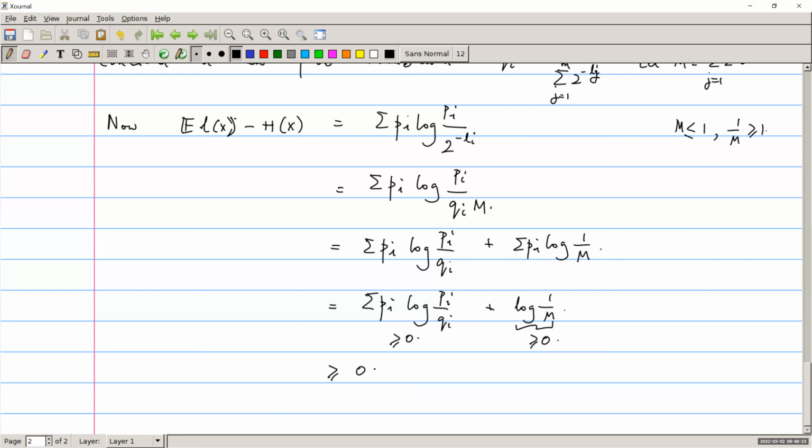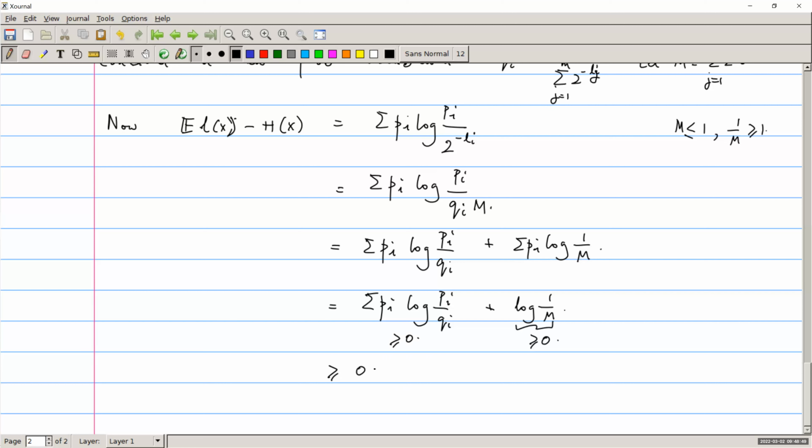But for this to be equal to 0, not only should m be equal to 1, which means that the code cannot be redundant, it should also be that qi must be equal to pi for all i. So you get an equality if and only if first all the pi happen to be numbers of the form 2 to the minus li.